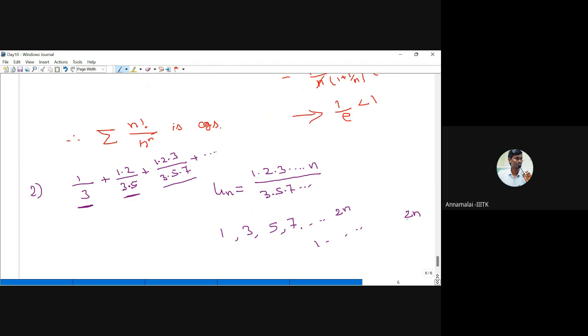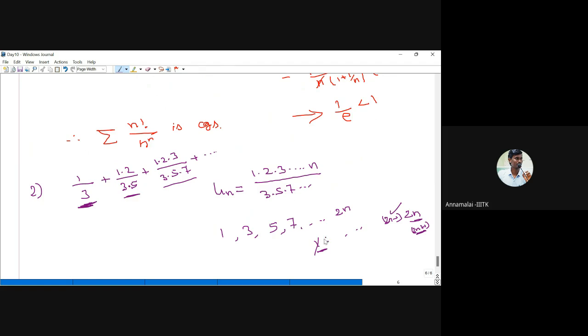Half of them are even and half are odd, so you start with an odd number. 2n minus 1 is odd because 2n is even, and the next one, 2n plus 1, is also an odd number. But in this problem we are not considering 1. We start from 3, so you don't consider the first odd number.